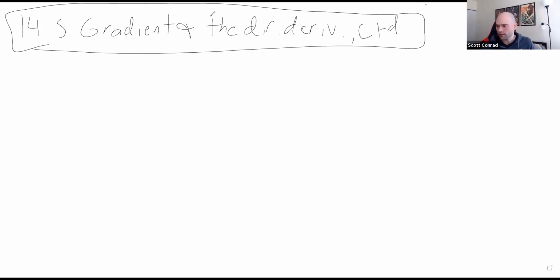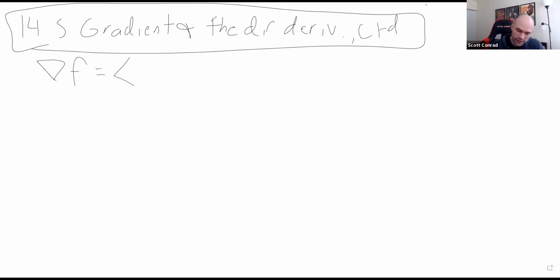Okay, so we saw last time the gradient of f for a function. Let me just write it like this. The gradient of f is just a function which assigns a vector to every point.